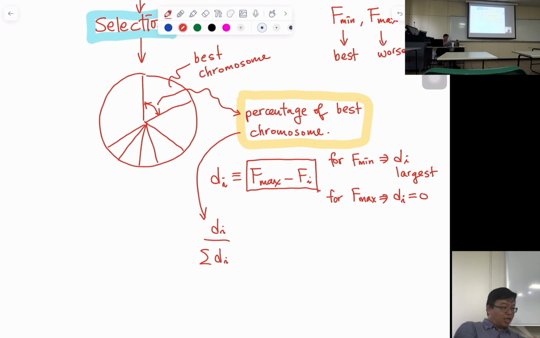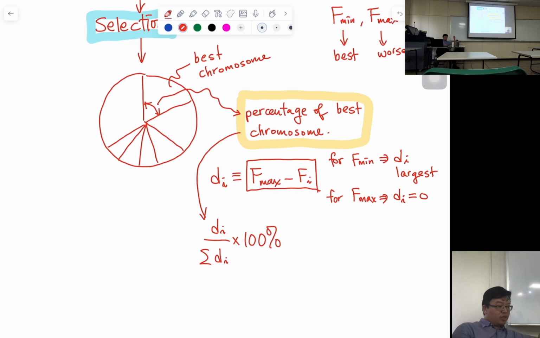And you multiply by, for example, 100%. So the chromosome that has the best fitness value will have the largest Di.